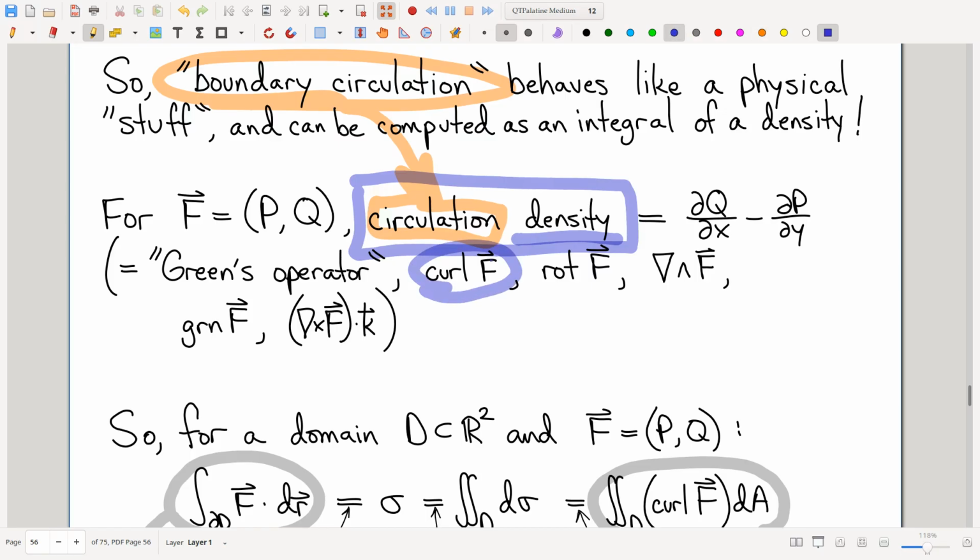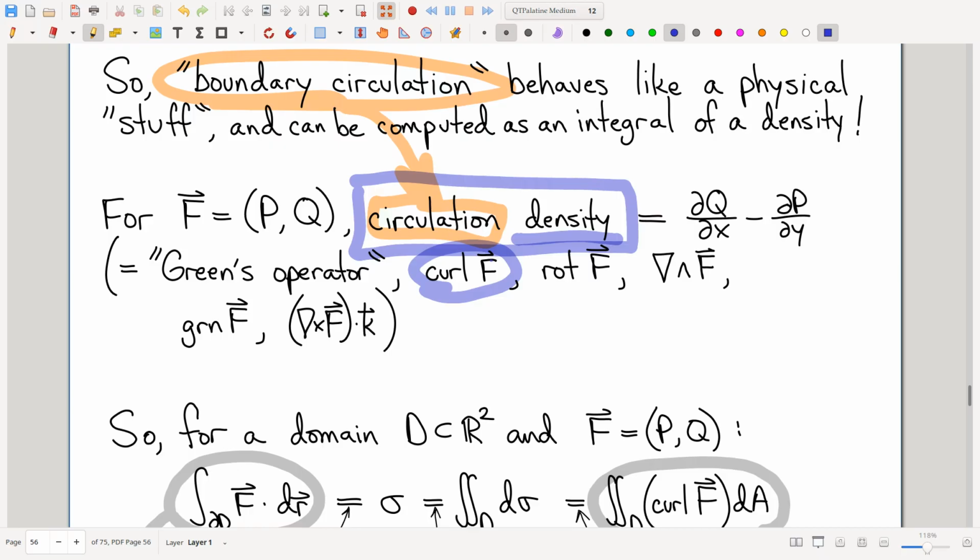Curl, again, is the most common one. Y'all remember we talked about curl back in chapter 3. I made an embarrassed assertion with no context and no justification that, oh yeah, curl is a certain formula and it tells you, in some sense, how much the fluid is rotating. I gave you no context as to why that would be, and we have a pretty good answer for that now. Why is it that curl is a measure of how much the fluid is rotating?